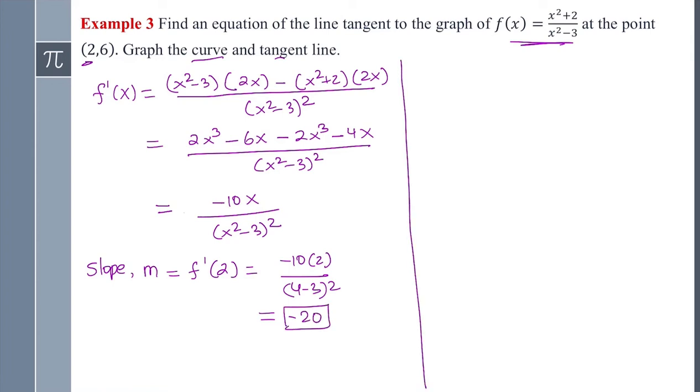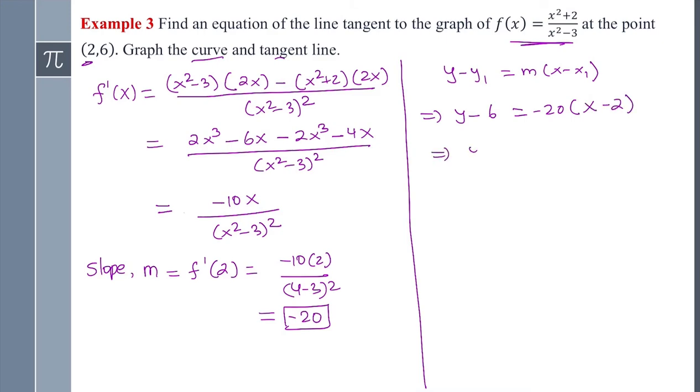Now let's go ahead and find the equation of the tangent line. We are going to use the point slope form of the equation: y minus y1 equals m times x minus x1. So y minus y1 is y minus 6 equals m, which is negative 20, times x minus x1, which is 2.